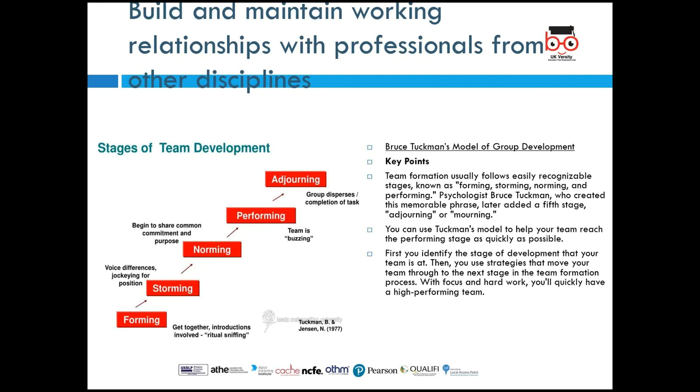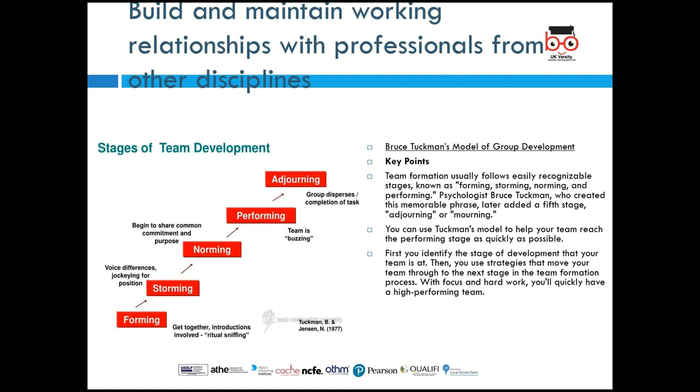This means that in order to build a team of professionals from different disciplines, you need to get a team together and get them involved. Once bringing them together, they should be able to move on to the stage of storming, where they will voice out differences, different opinions coming from different angles for a common objective.